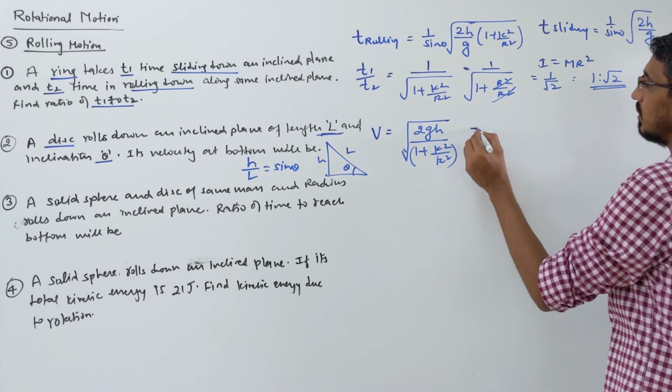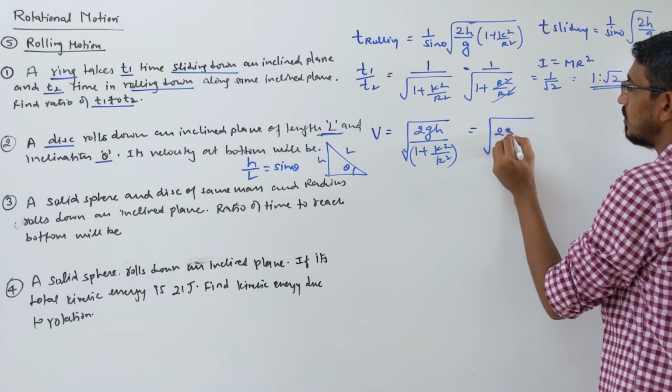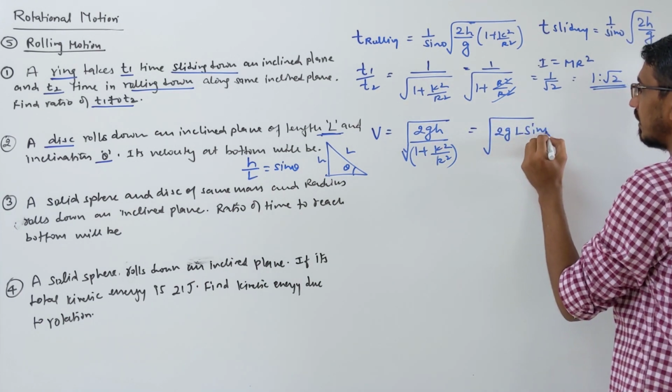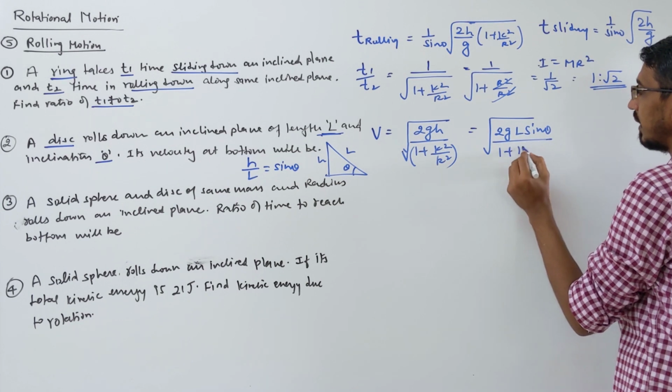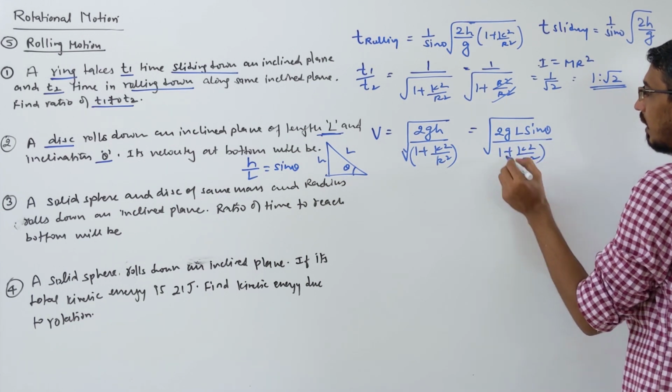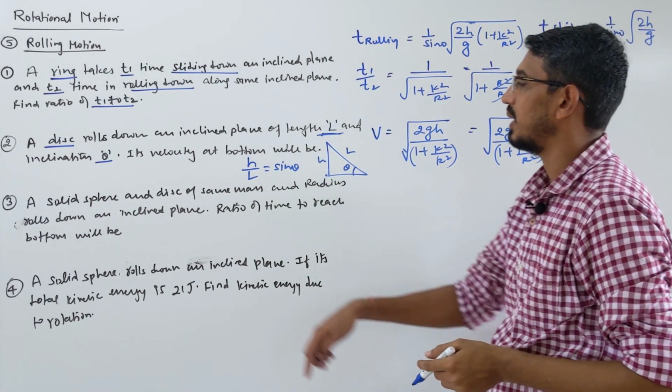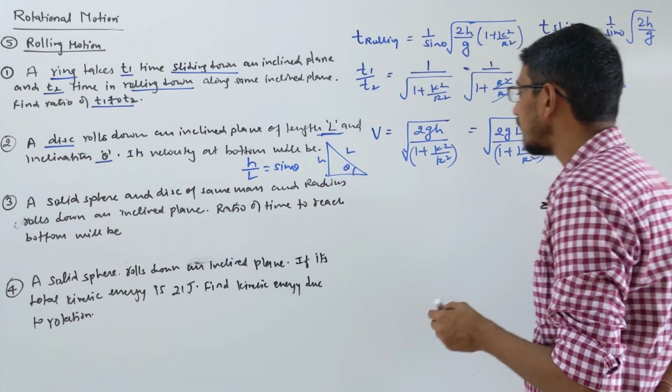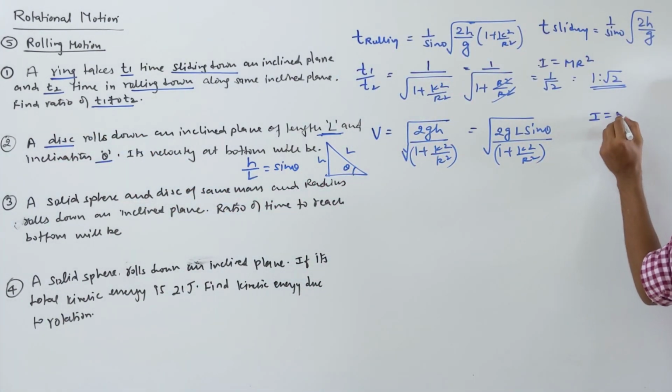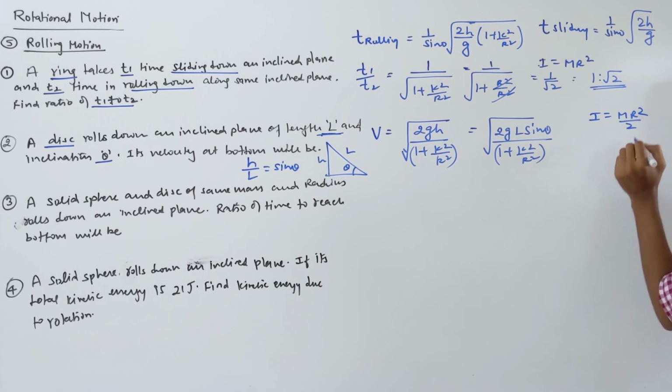If you replace, this simply becomes root of 2 g L sin theta by 1 plus k square by r square. Again we have to put the k value, and a disk is given. Disk inertia will be M r square by 2, so here k square becomes simply r square by 2.